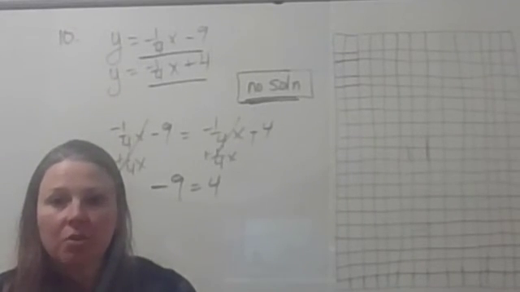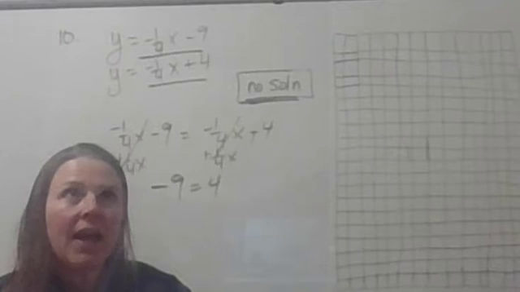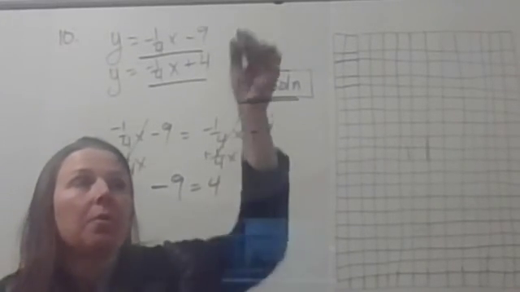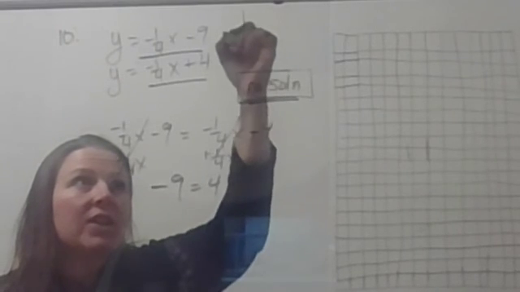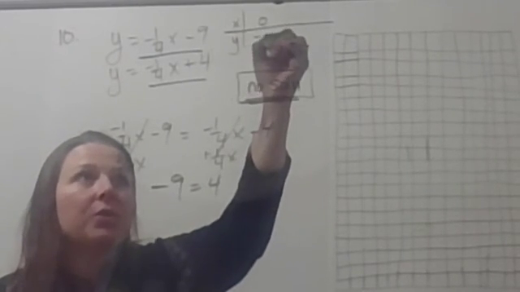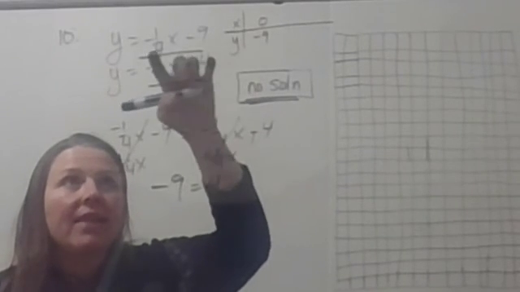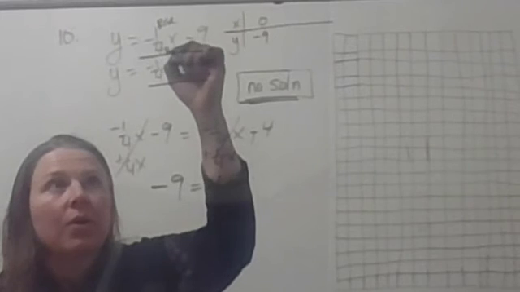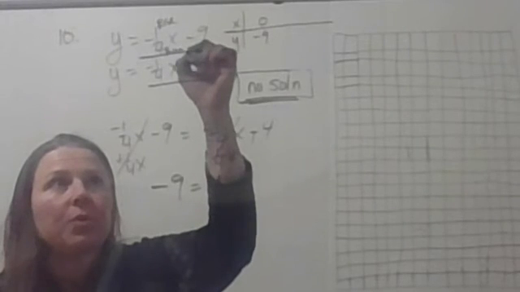So in order to graph this the easiest way, I would say you could generate a table, but you could also just start at 0, giving you -9. And then as you go, this is rise over run.